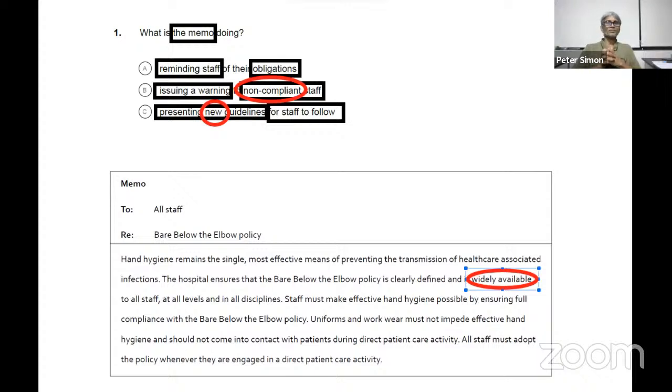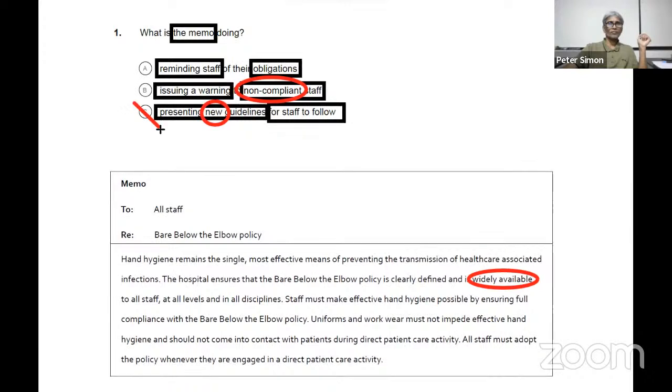So now, that means C is wrong. Because it's widely available.